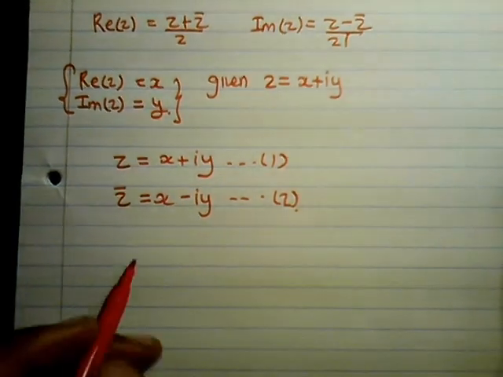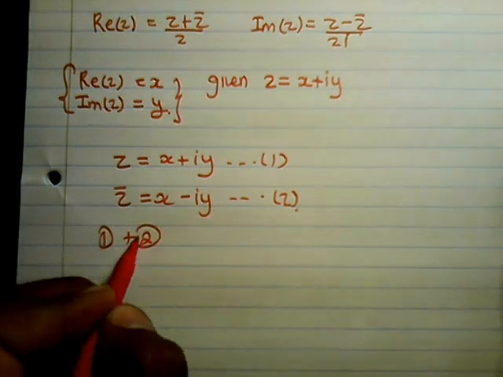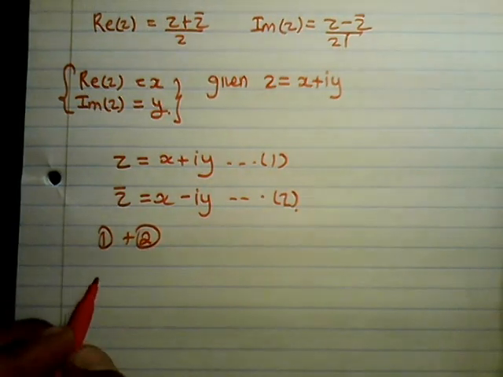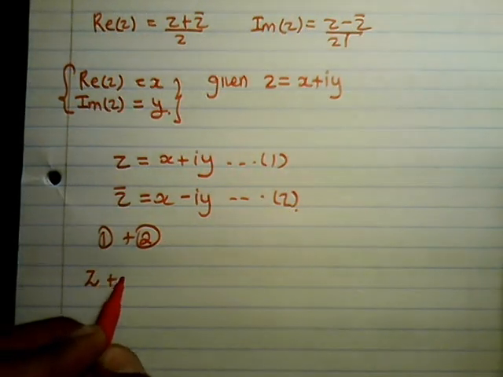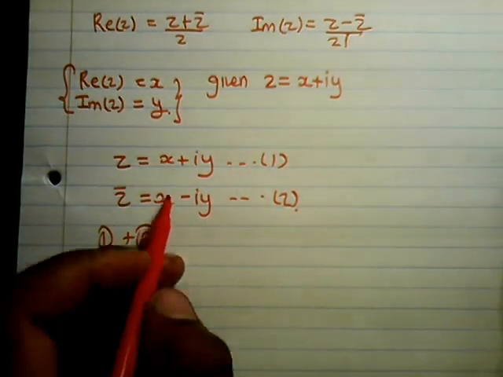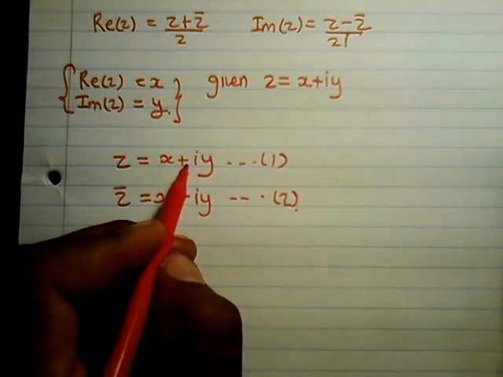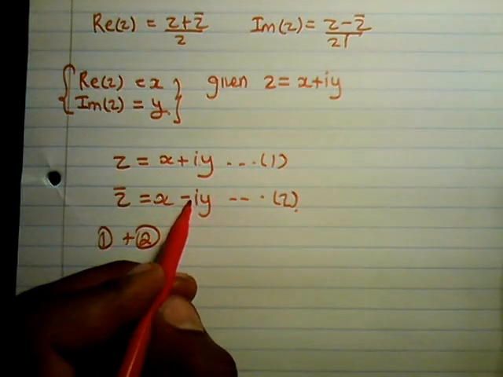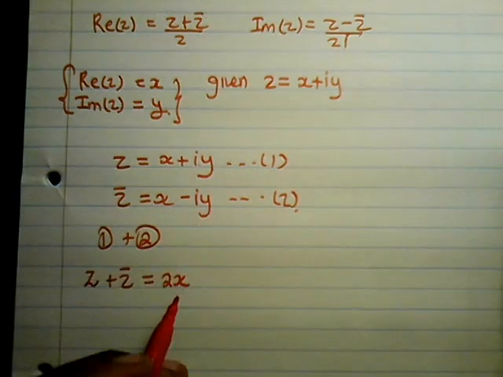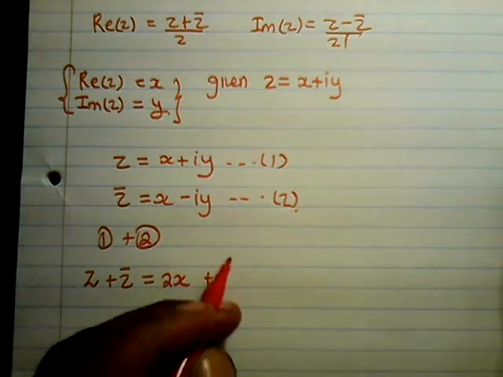which is part of the solution. So say 1 plus 2, which is equation 1 plus equation 2. So we're gonna have Z plus Z bar is equal to X plus X, we get 2X, and then positive iY plus negative iY, we get 0. Okay, let me just write it, plus 0.